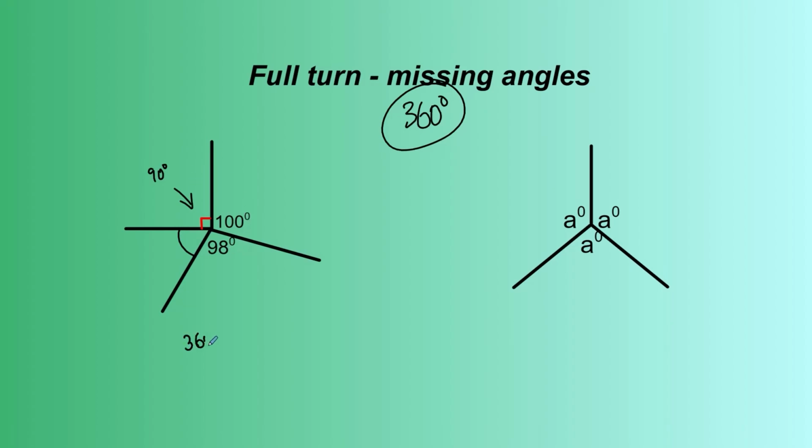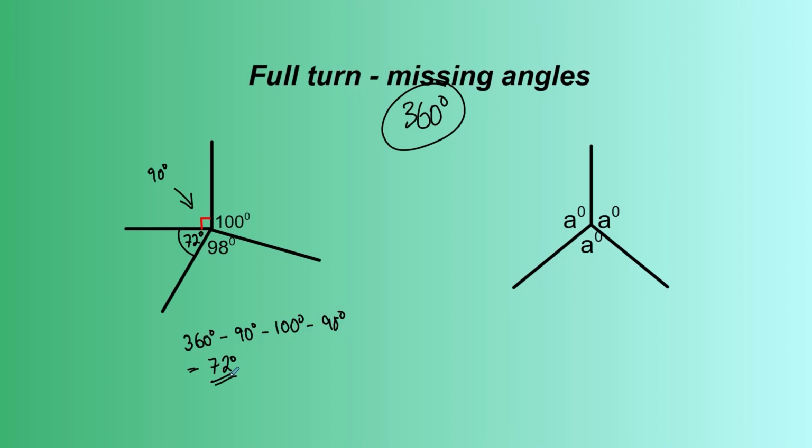We're going to do 360 minus all the angles that we know. And again, you could do that a slightly different way. You could add the three angles together first and then take away the answer, and it would give you the same answer at the end. It's entirely up to you, but that missing angle there is 72 degrees.